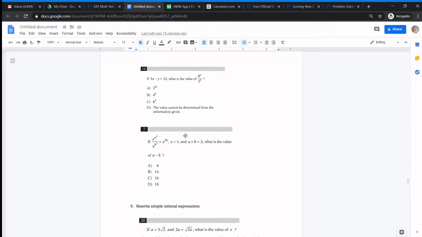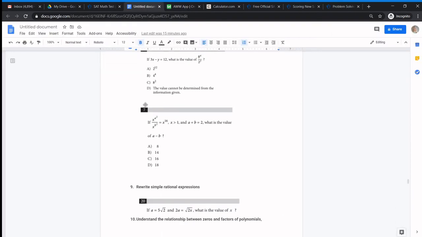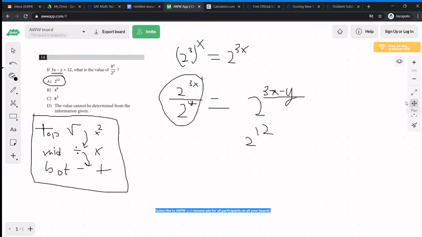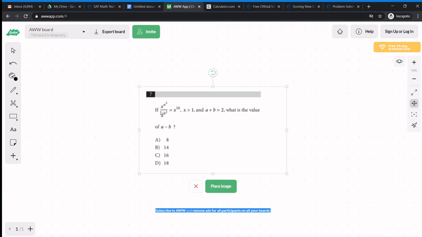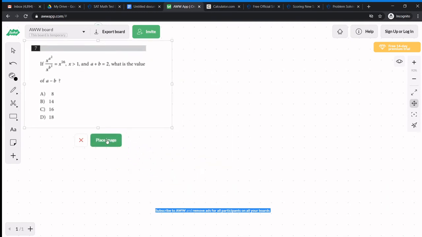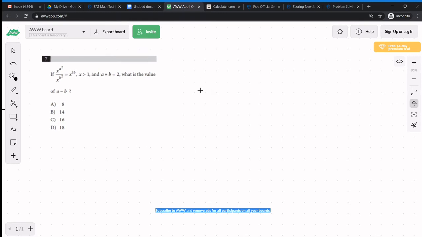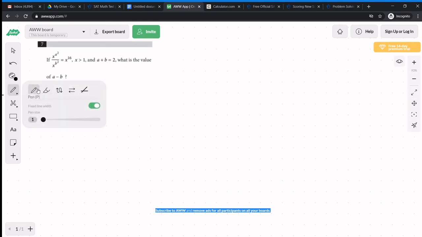Alright, let's move on to the next one. Again, a pretty similar one. I want you to remember your rules for exponents, and you'll be able to do this one too. So you have x to the power of a squared, right?